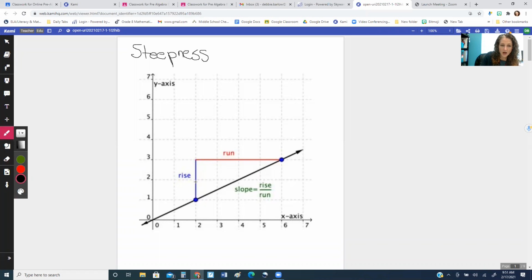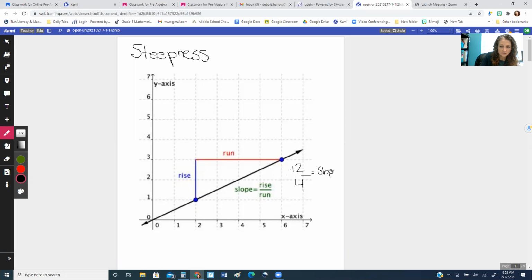So the rise is up. So we go up to, which is +2, and signs matter, over run, and to the right looks like 1, 2, 3, 4. So 2 over 4 would be the slope of this line.